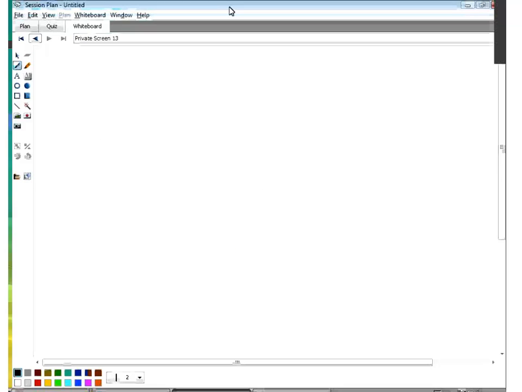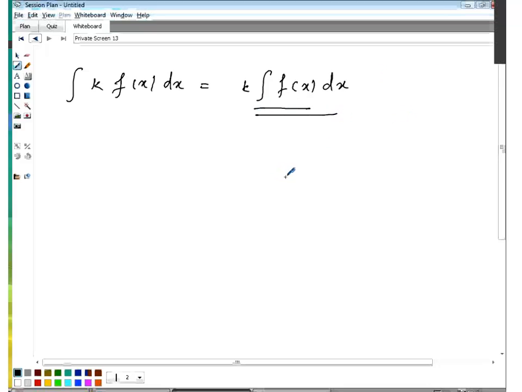Alright. Next theorem. Constant comes out of integral. Proof. Consider this integral f(x) dx.